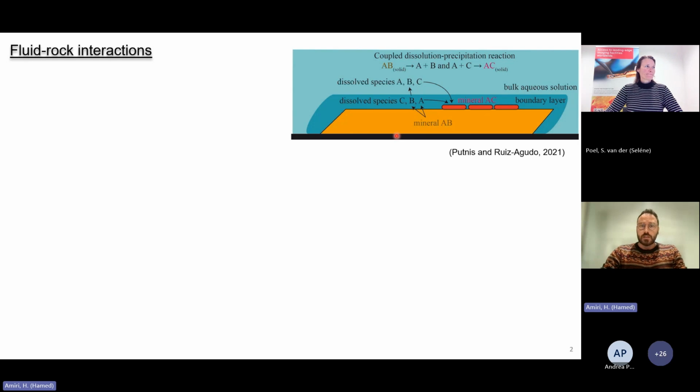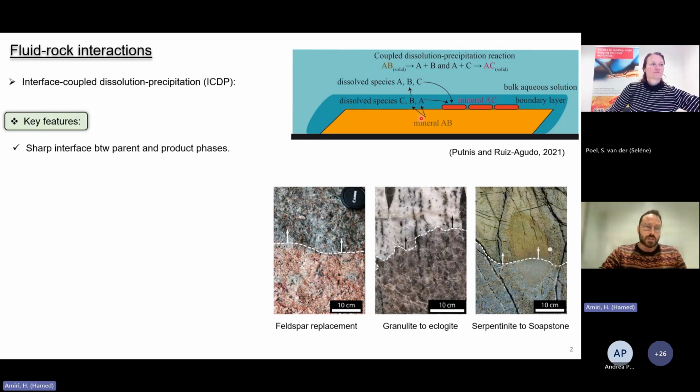And then if this dissolution and precipitation continues, it can lead to the replacement of one mineral with another mineral. And this mechanism is known as interface-coupled dissolution-precipitation, ICDP, which has been extensively studied in the past few decades, with some common features. Usually we see a sharp interface between parent and product phase, as you can see in this example here.